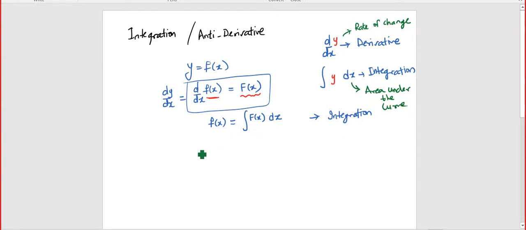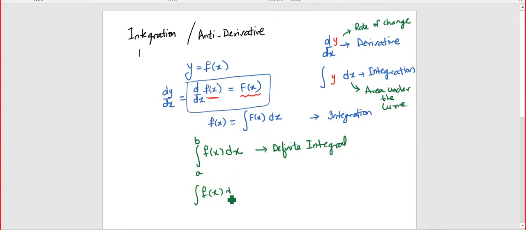Later in the section you are going to study integrals of the type integral from a to b of f of x dx, which is called the definite integral, which gives you the area under the curve. But currently we will begin with the indefinite integral, without limits.